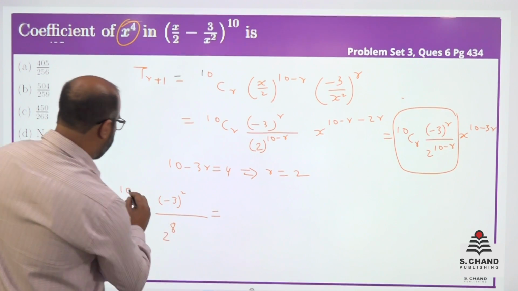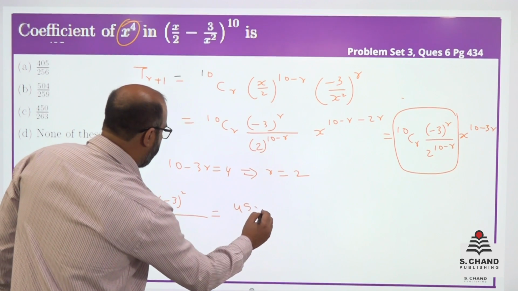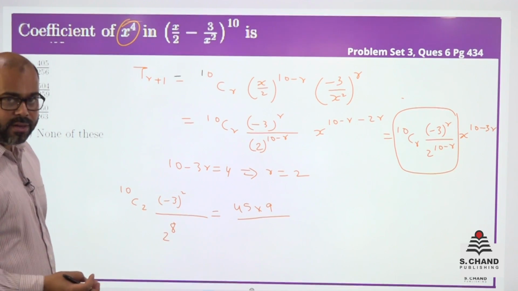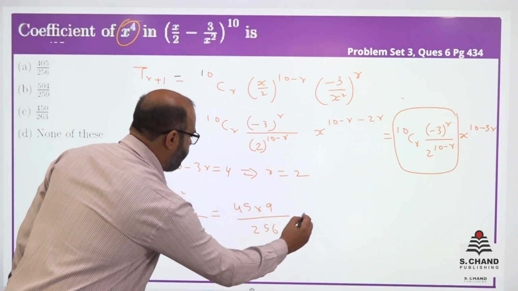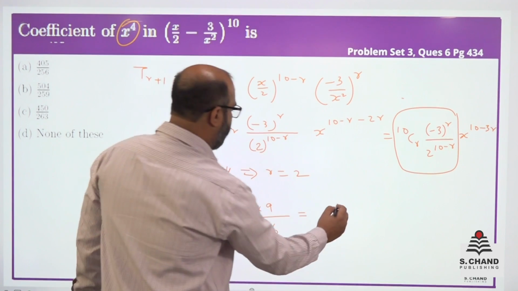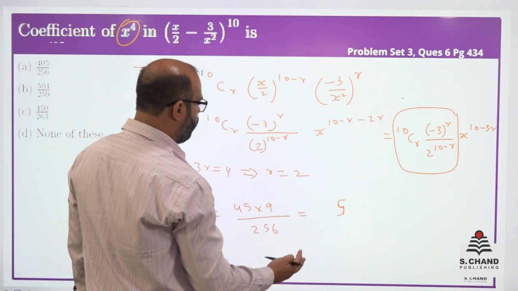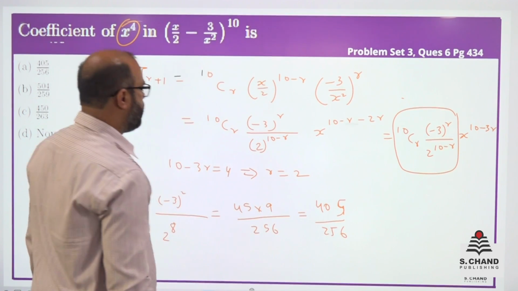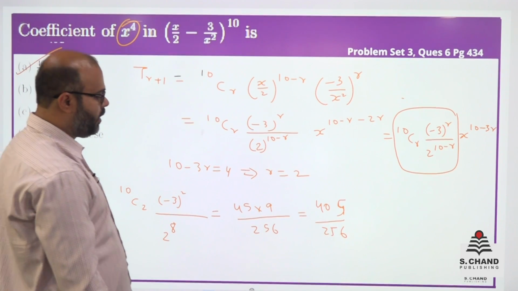So this is 10 into 9 by 2, 45 into 9 upon 2 to the power 8, that is 256. 45 into 9, 9 5s are 45, 4 carry, 9 4s are 36, 4 is 40, 405 by 256. So which option? Option number A is the correct option, right?